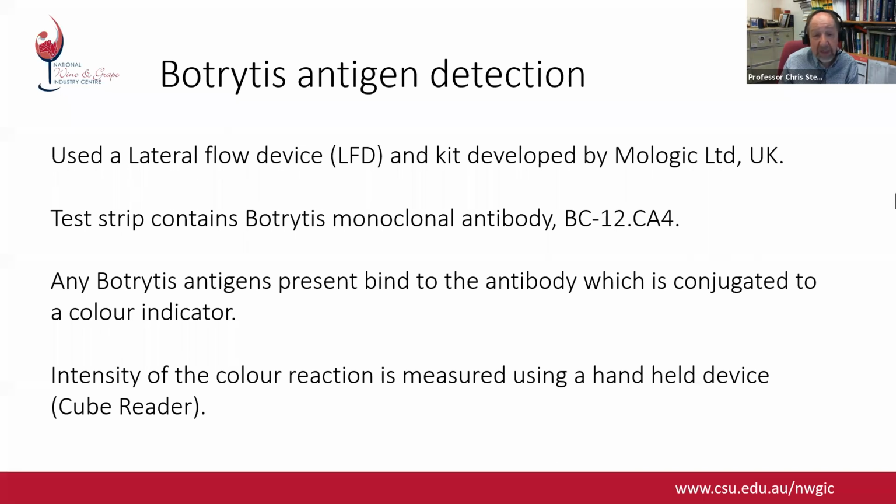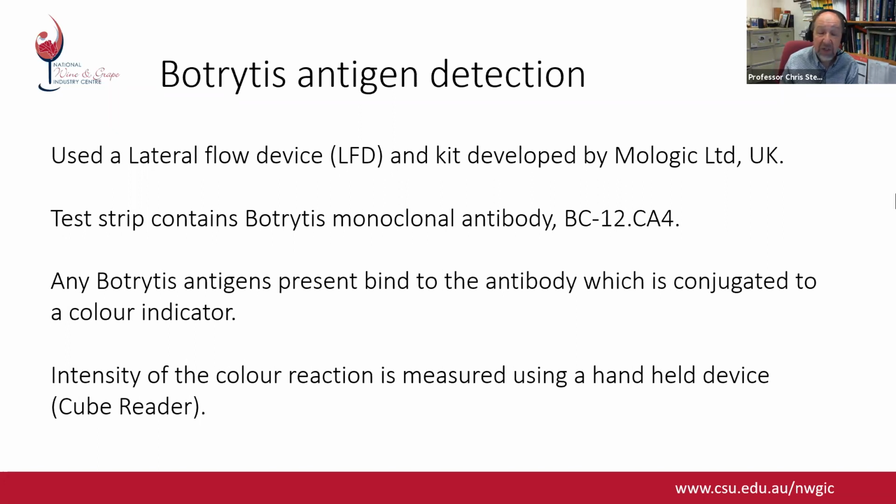It's based on the same technology as the earlier kits. It's the same Botrytis monoclonal antibody, BC12CA4. And the principle is pretty much the same. So the antibody is on a test strip, and this antibody is conjugated to a colour indicator.